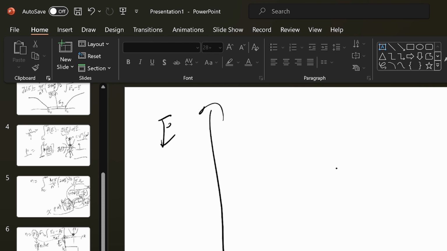I am just writing this for the probability of electrons in the conduction band. This is the probabilistic distribution I am writing. This is the conduction band, this is the valence band, VB, and this is the conduction band.